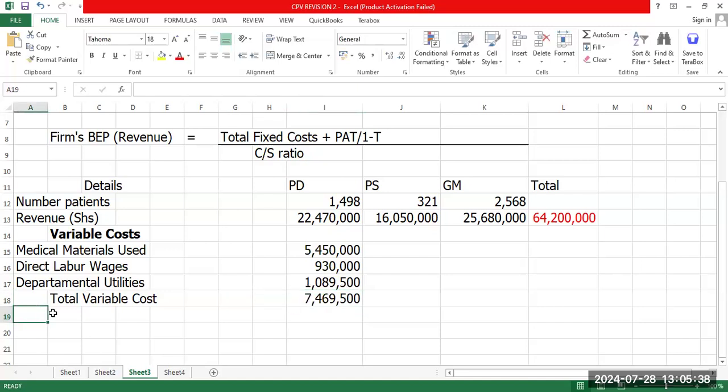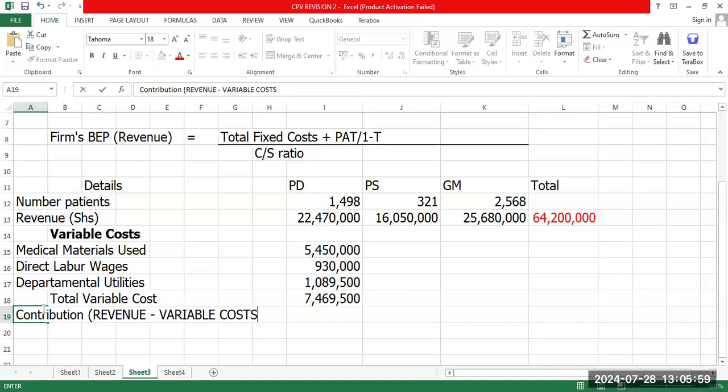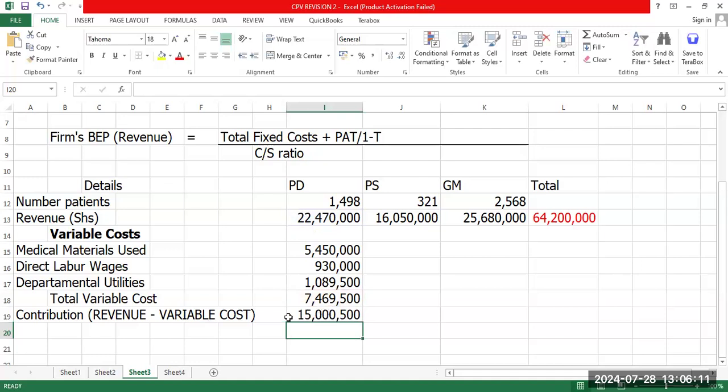Then if I need total contribution, it is equal to revenue minus variable cost. So it means that to get contribution, I get my revenue, which is here. I subtract total variable cost.